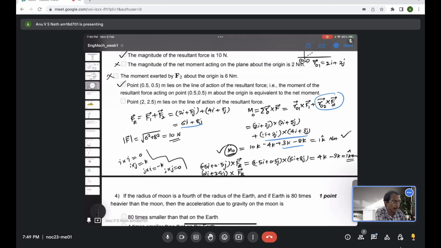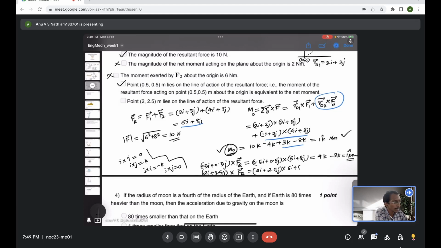We cross it with the resultant force: 2i plus 2.5j cross 6i plus 8j will have 16k minus 15k, again 1k Newton meter. This also matches the moment of the system, which is 1k Newton meter. So the claim is correct, the resultant force is also passing through the point 2 comma 2.5. I hope this section is clear. Any question?